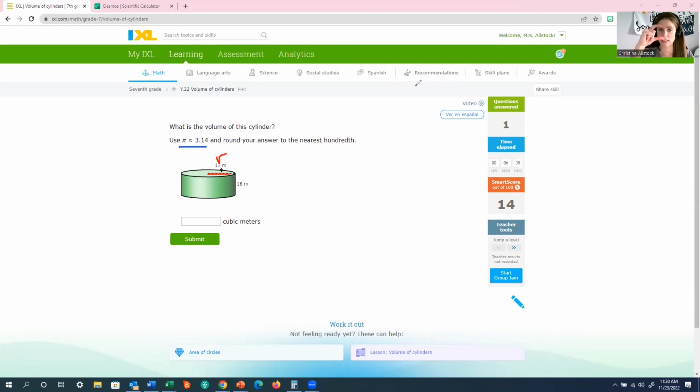And then your height is how tall something is. That would be right here, the 18 meters. Our formula for the volume of cylinders is pi times, oops, I was going to color code that. Volume is equal to pi times radius squared times height.